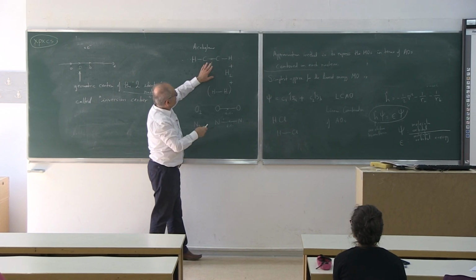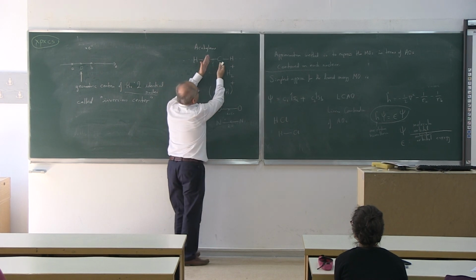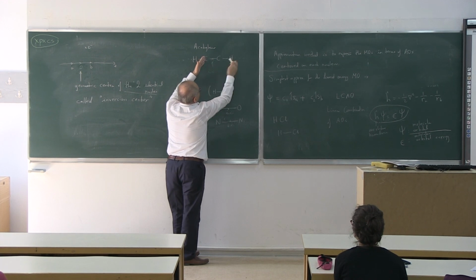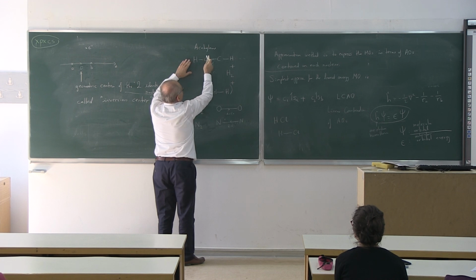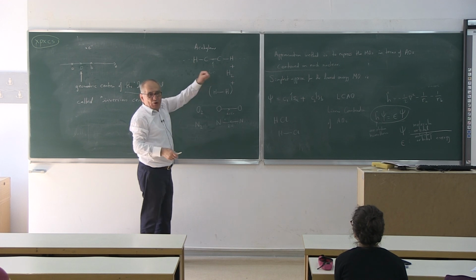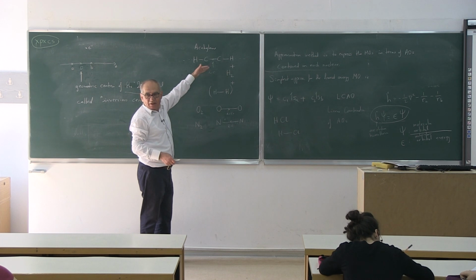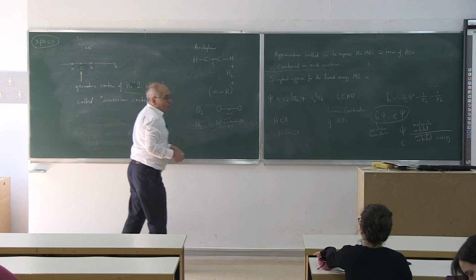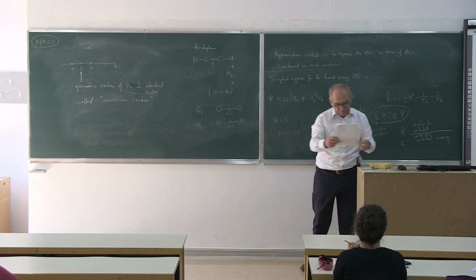Because if you exchange the atoms to the right of the inversion center with those on the left and redraw the molecule, it will be identical to the starting one. So that's an inversion center. Now, what is important about the inversion center? Why are we discussing this?